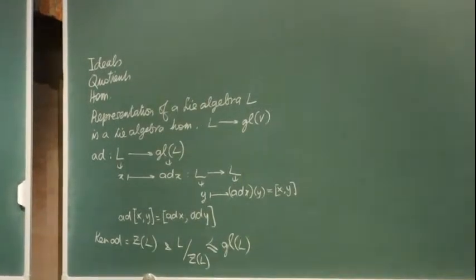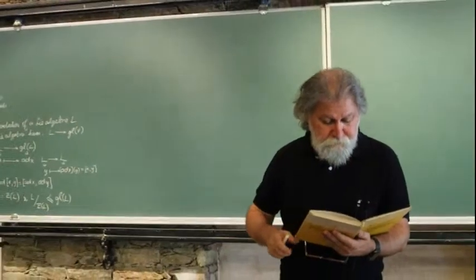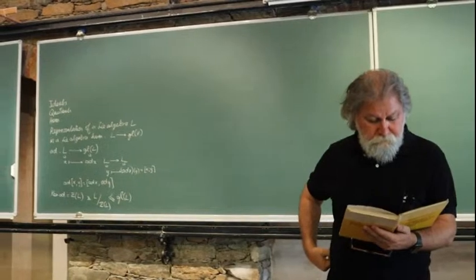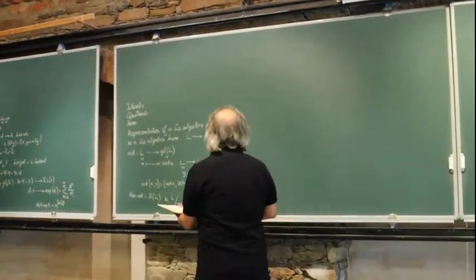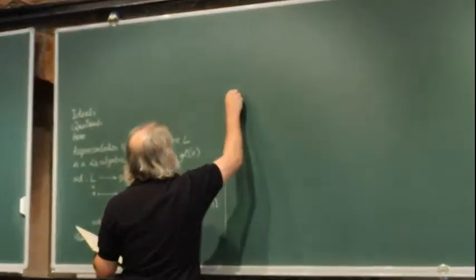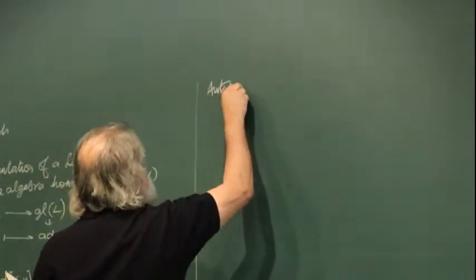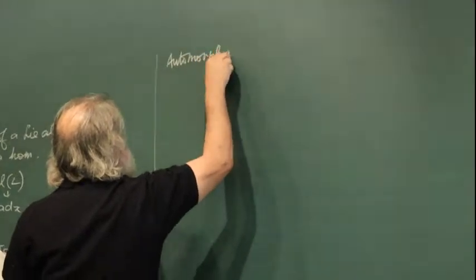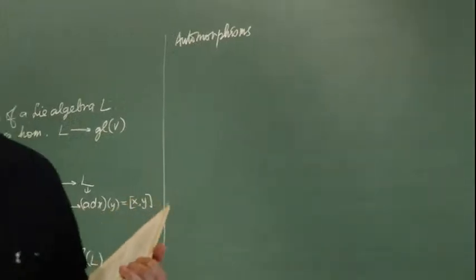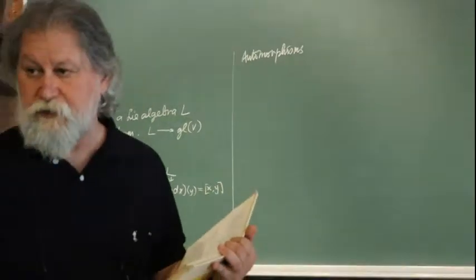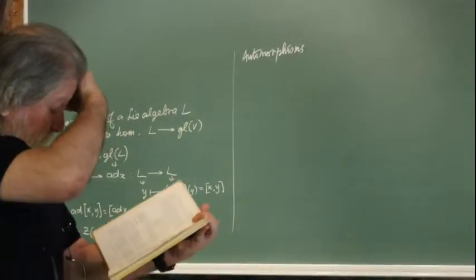Well, okay, so we have seen some automorphisms. Automorphisms. You know what an automorphism is, of course. It's a Lie algebra isomorphism from a Lie algebra into itself. It's a group.